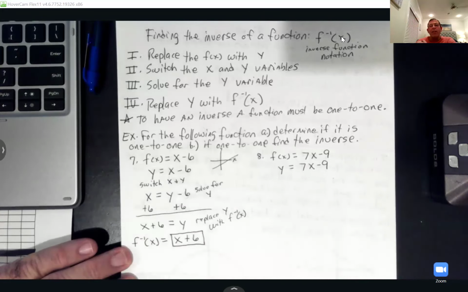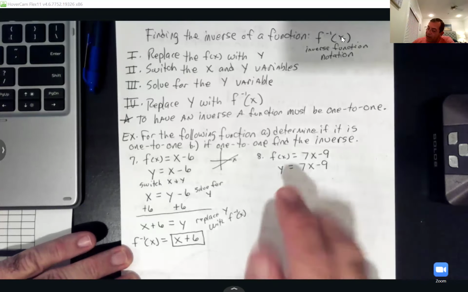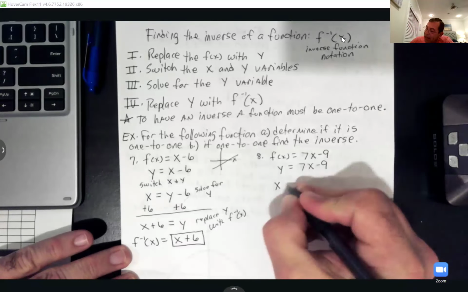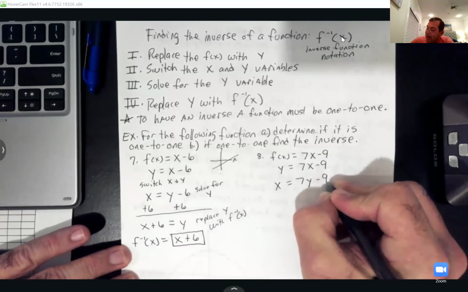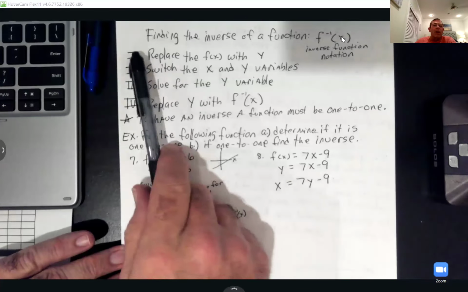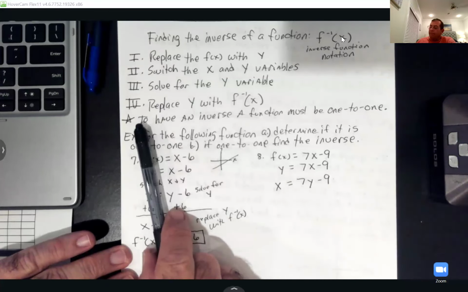Next, I'm going to switch that x and y around. So this will give us x equals 7y minus 9. And y'all notice, all I'm doing is following them 4 steps.